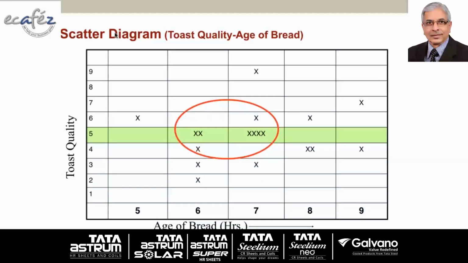So the kitchen people must make sure that the bread is used within 6 to 7 hours of delivery from the baking oven. This is giving you guidance. This is the purpose of the scatter diagram, to guide you to find the best combination of quality and the second variable, age of the bread.